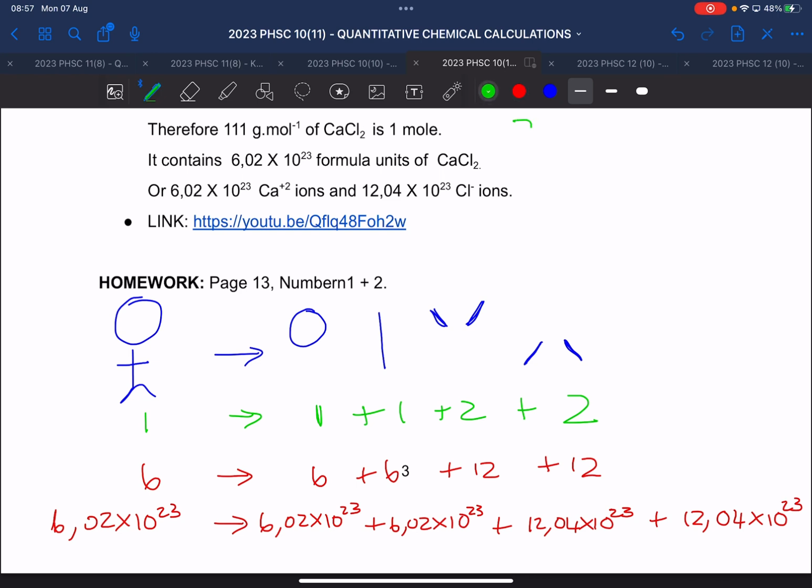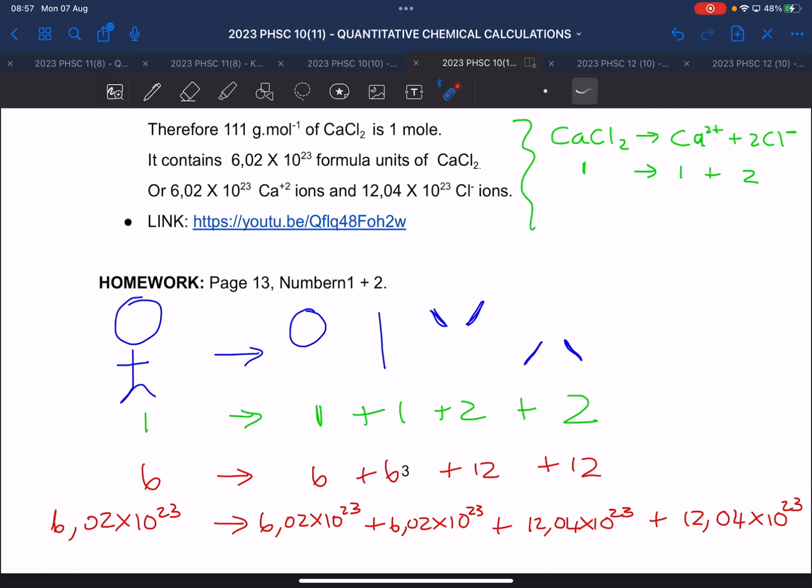If I have calcium chloride and that splits up, hy breek op in water. Dan het ek die calcium ion en 2 chloor ione. I have the calcium ion and 2 chlorine ions. Yes? So dit sê vir my as ek een van hierdie goeters het, dan gaan ek een hiervan hê en 2 daarvan hê.